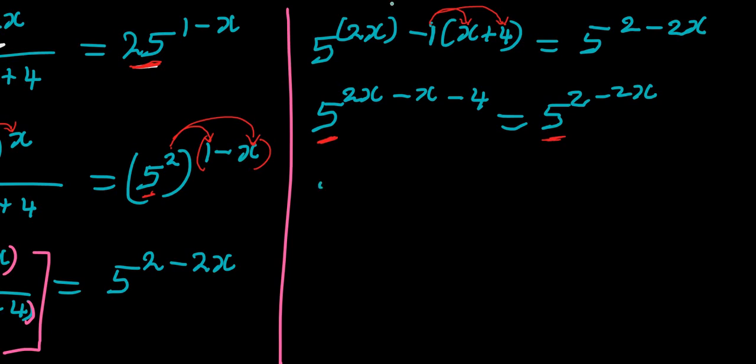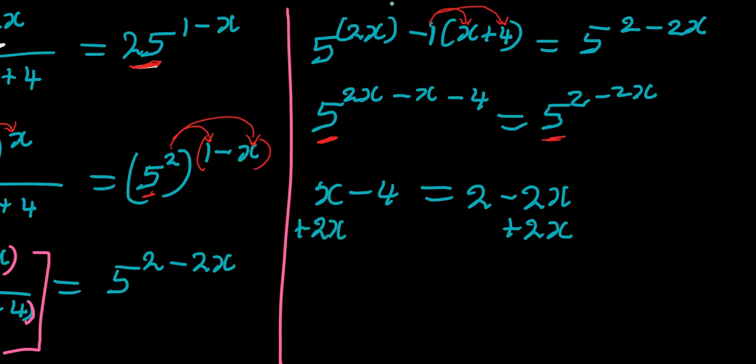So 2x minus x is going to give us x. So we have x minus 4 is equal to 2 minus 2x. So now we can add 2x to both sides.